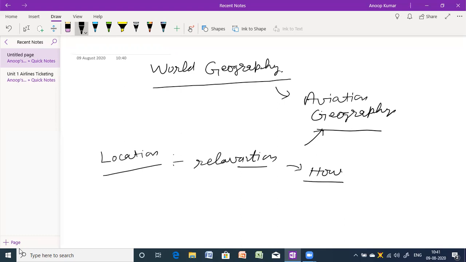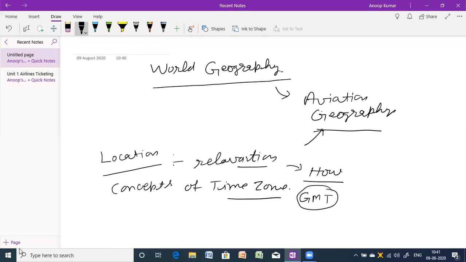Then further, we will study the concepts of time zone. We will study the concept of GMT, Greenwich Mean Time. We will study about east of GMT, west of GMT.